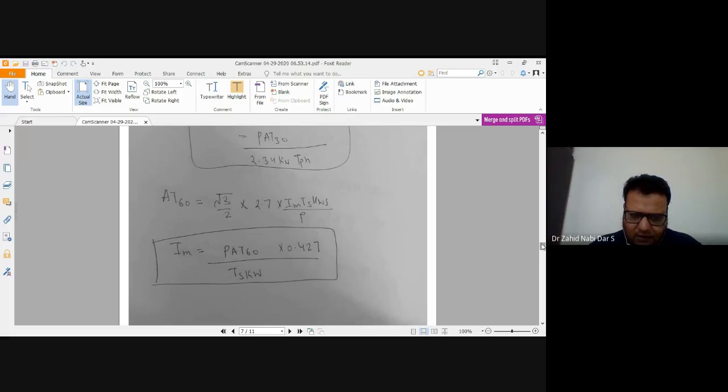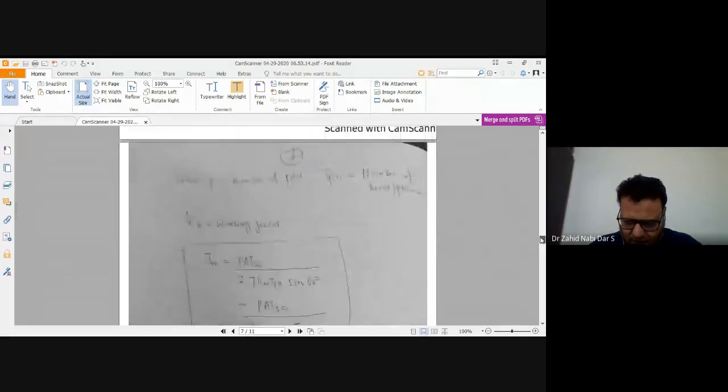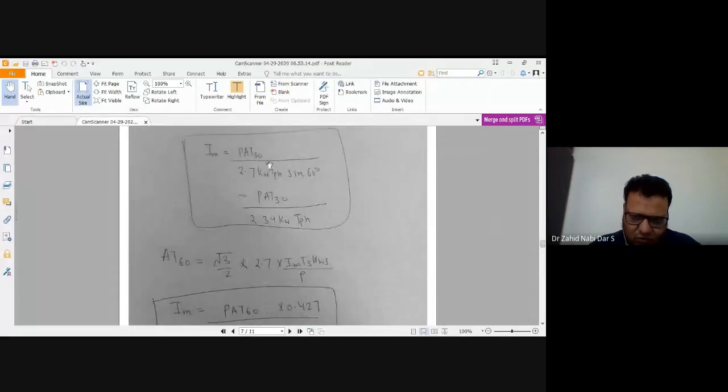And somewhere down the line, if they have given it like this, but this usually doesn't come. The difference between this and this is that here you can see the same thing, sine 60 is root 3 by 2, and you get root 3 by 2 into 2.7. But here, it is 30°.